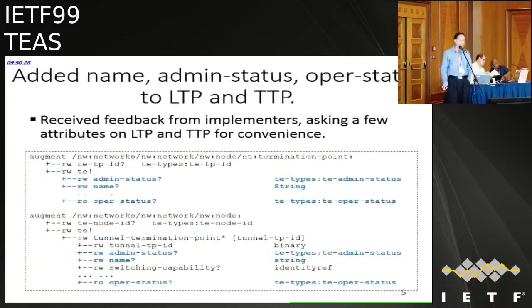We added a few items to the link termination point and tunnel termination point. This is feedback from the implementations. They want to have some convenient way to identify those termination points, so we added the admin status, name, and the operational status.